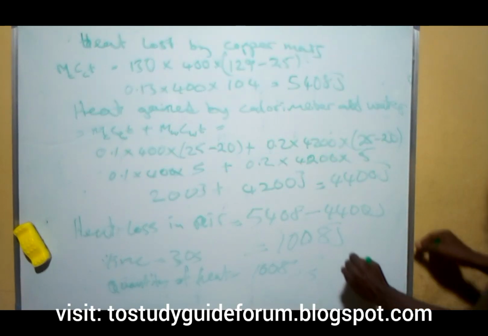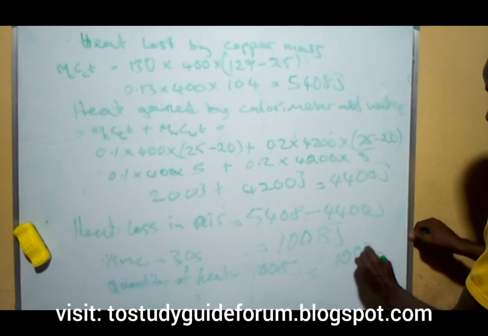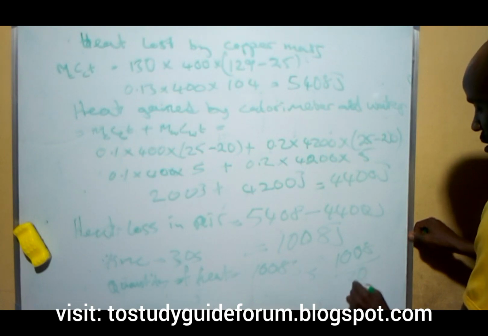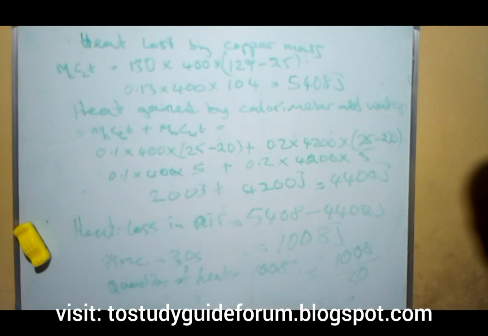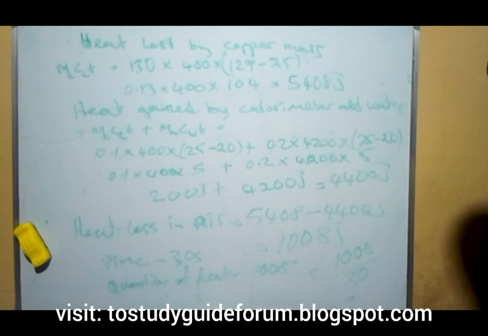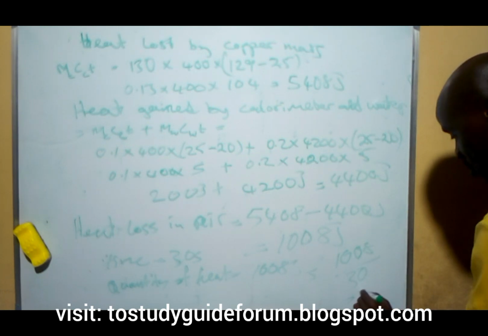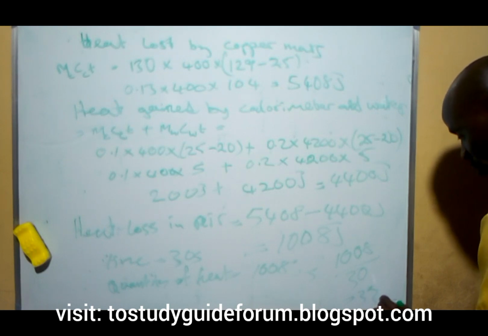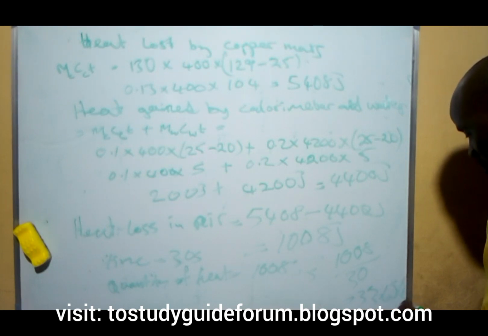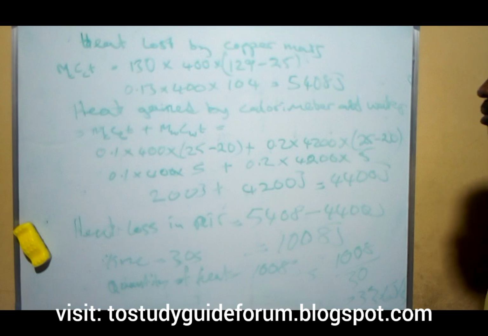Then dividing it, the rate of change, 1008 joules divided by 30 seconds, we will get 33.6 joules per second.